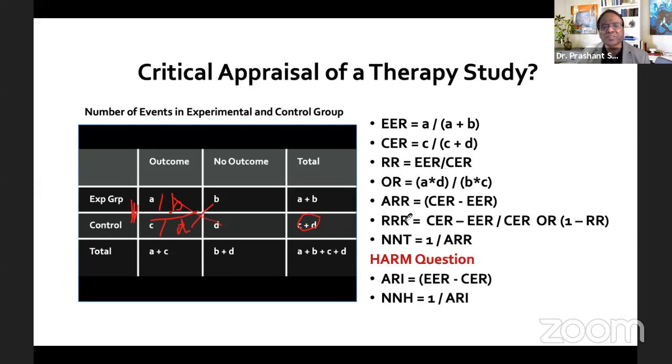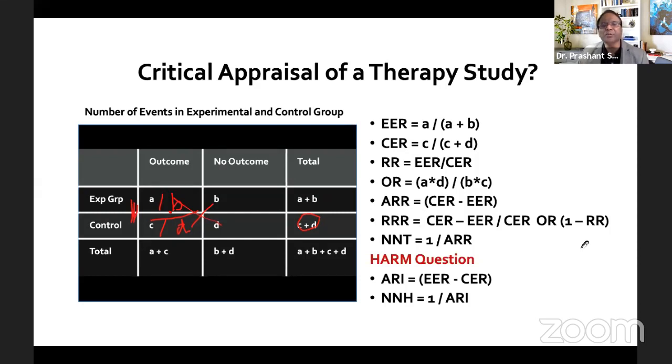Whereas the relative risk reduction can be calculated by subtracting EER from CER divided by CER, because it is a proportional reduction in comparison to the control group. Or it can simply be calculated by 1 minus RR. So the RR you calculated here, you can just subtract that from 1 to get the relative risk reduction.